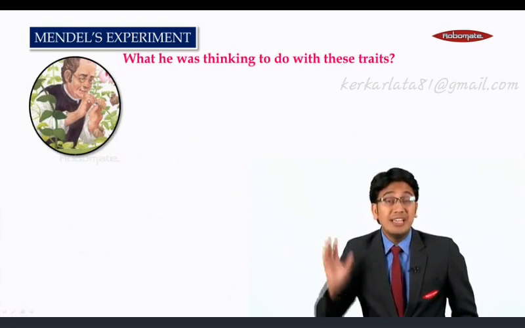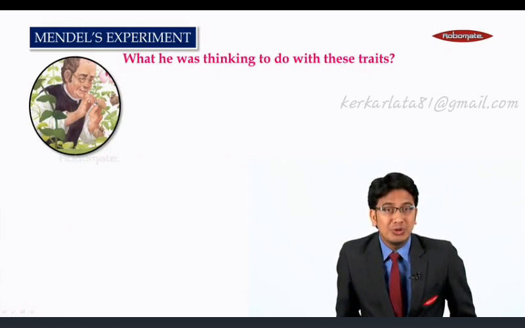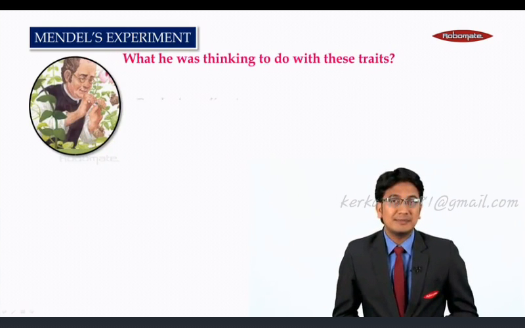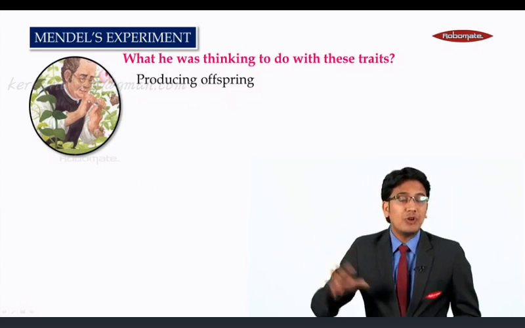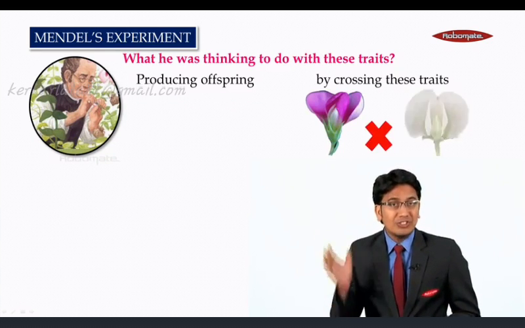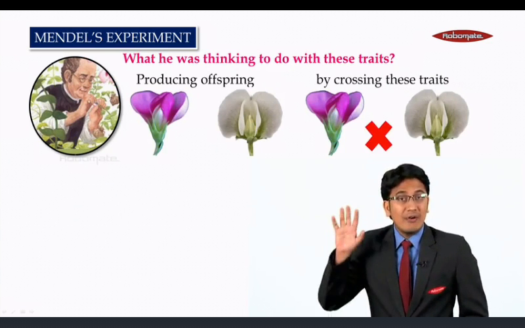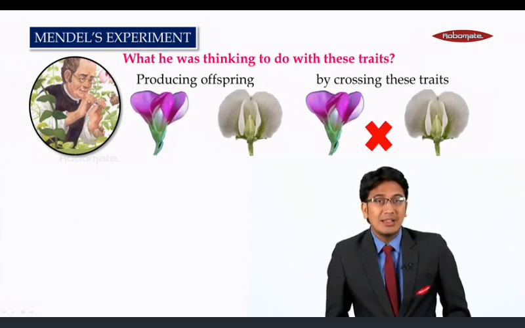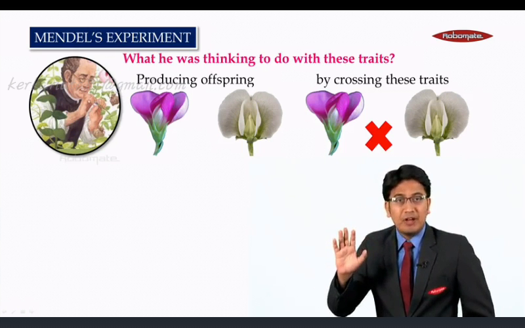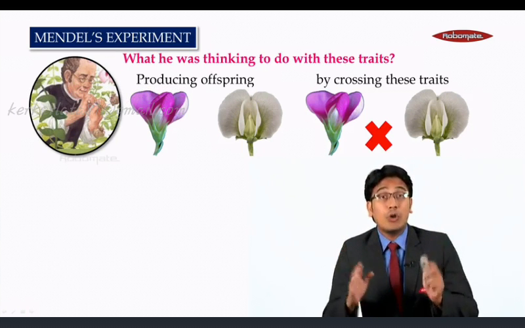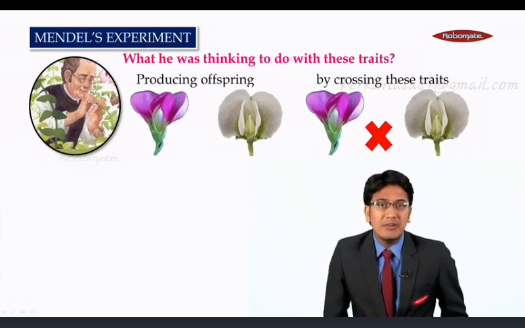Let's see what those experiments were, what he was thinking to do with these traits. He wanted to produce offspring by crossing these traits. He wanted to cross a character with a character. He wanted to cross a purple flower with a white flower and observe what the result would be.